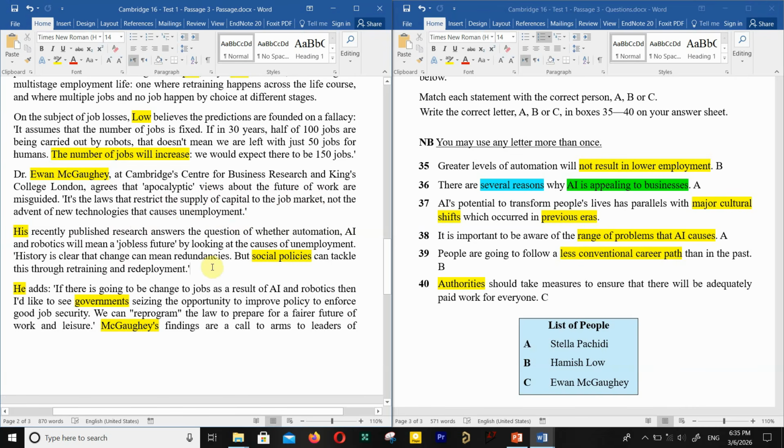Let me just, if there is going to be change to jobs as a result of AI and robotics, then I'd like to see governments seizing the opportunity to improve policy to enforce good job security. We can reprogram the law to prepare for a fairer future of work and leisure.